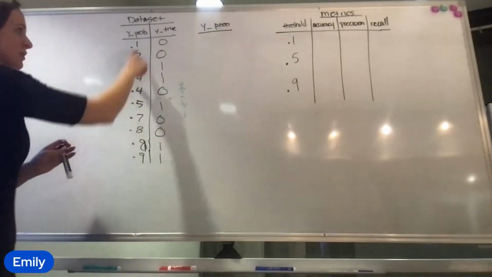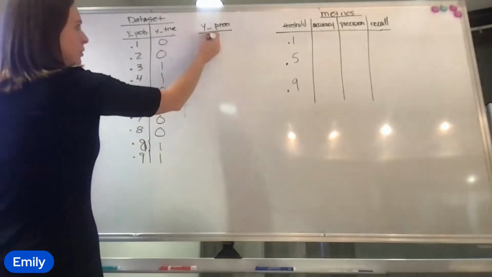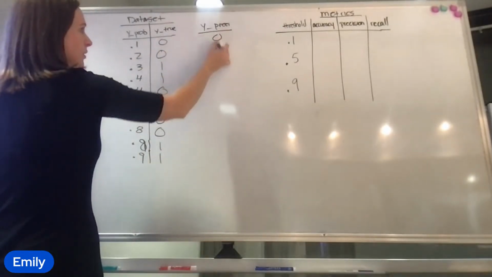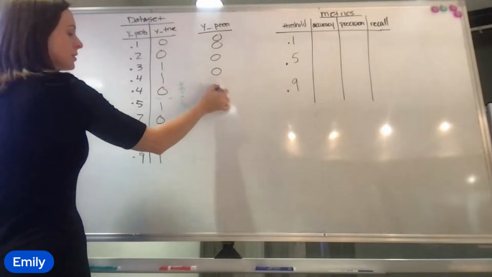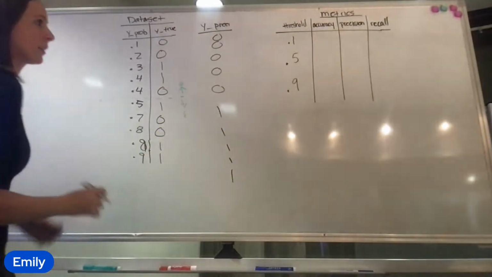So what we're doing is converting these probabilities. So we have 0, 0, 0, 0, 0, 1, 1, 1, 1, 1.